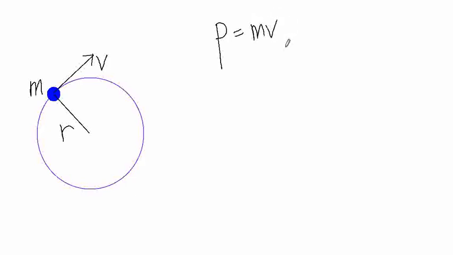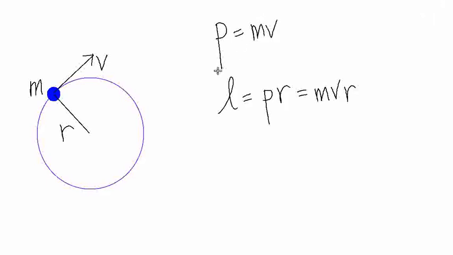Now let me define a new type of momentum. We can also define the angular momentum, traditionally denoted by the letter L, by finding the product of the linear momentum and r. Equivalently, we can find the product of m, v, and r.